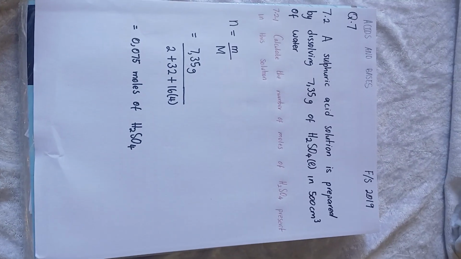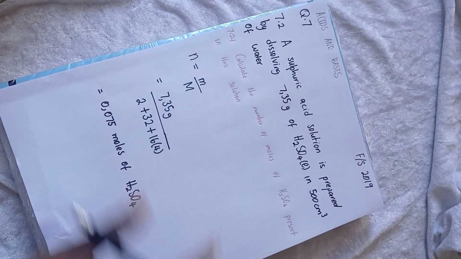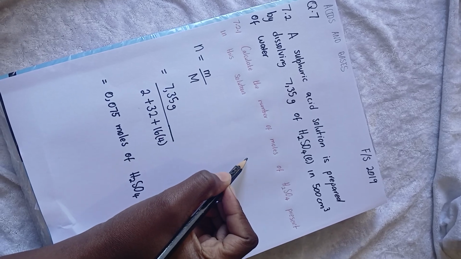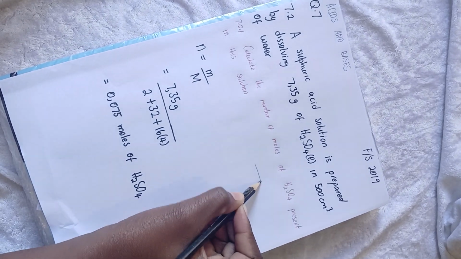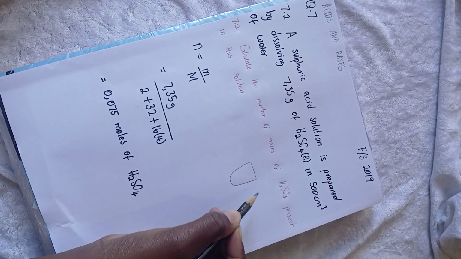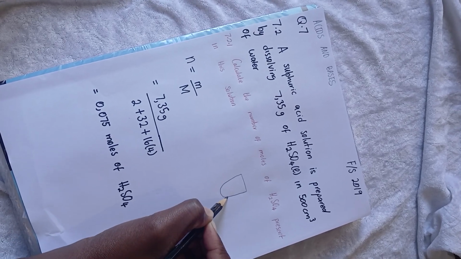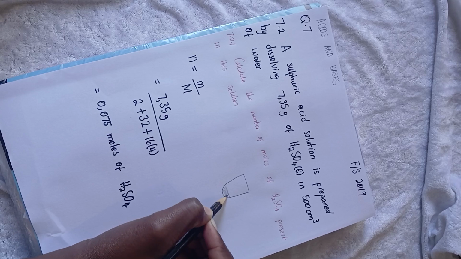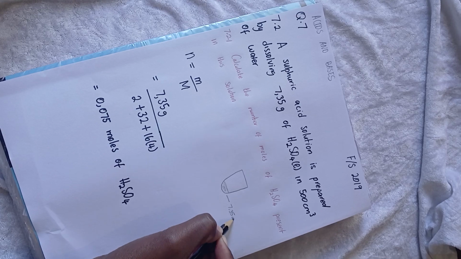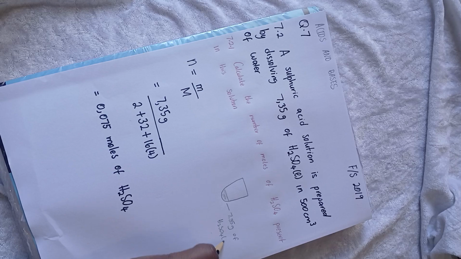How I like to do it is practically. So there's an acid. Let's say this is a bowl or a cup where the sulfuric acid is being prepared. We dissolve a certain amount. Let's label this as our 7.35 grams of H2SO4 liquid.